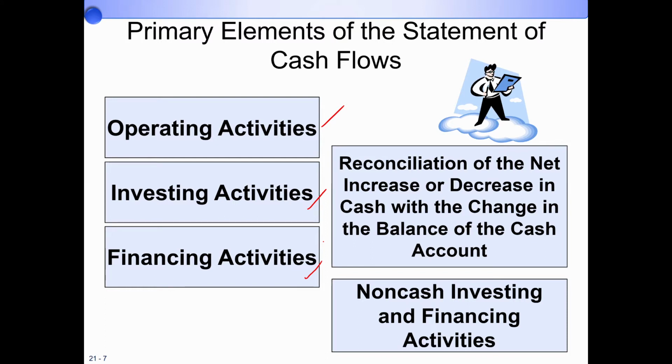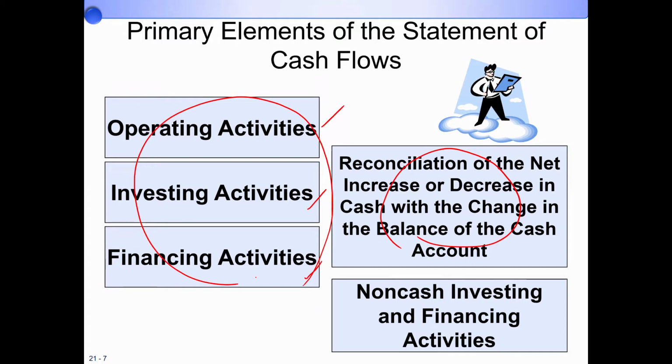And this part here we call the reconciliation. Based on those three activities, you calculate the net increase or net decrease, and then you compare with the balance sheet. The first item, cash and cash equivalent. You compare the beginning balance and the ending balance, the end of year balance.